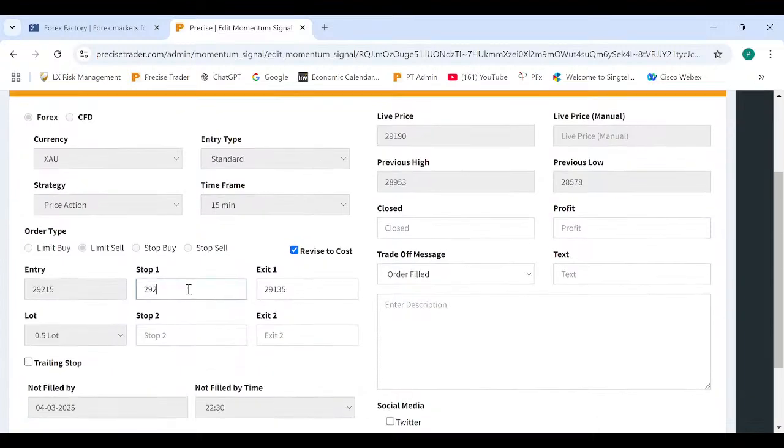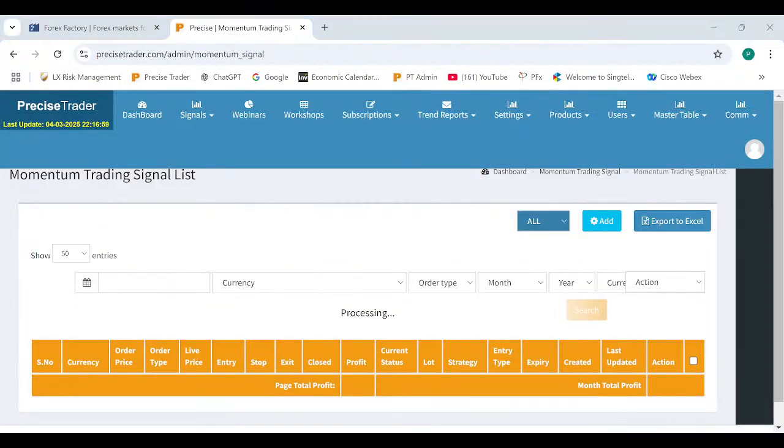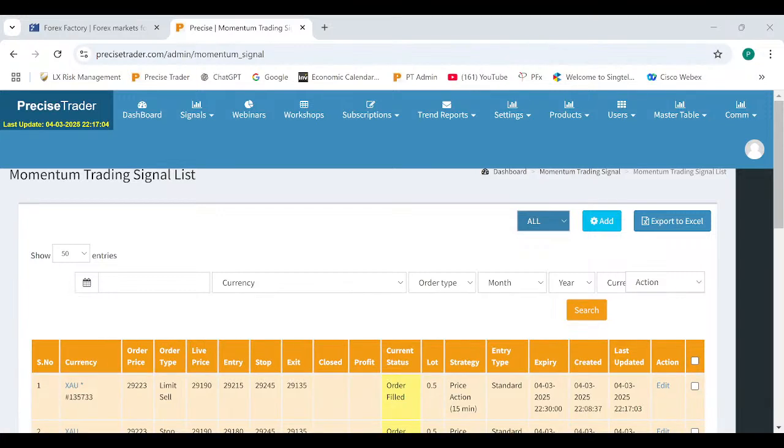Okay, 5 half or 4 half should be okay. Then we can go for one more Nasdaq buy.